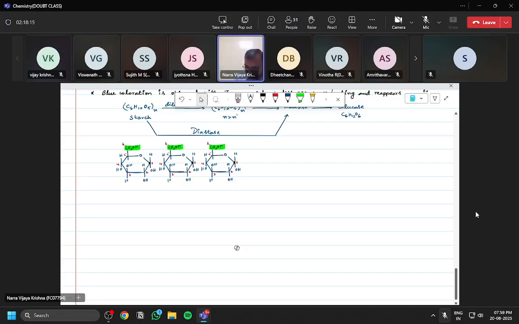Now I am removing water here. Glycosidic linkage. Here also the same. Glycosidic linkage. So all are alpha glycosidic linkages.